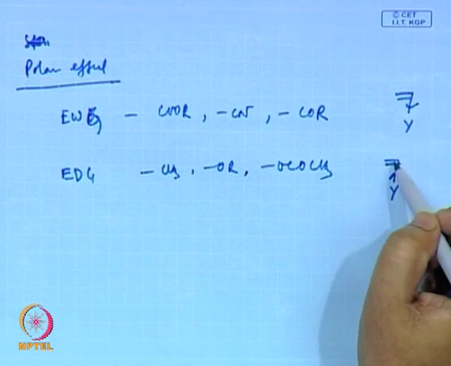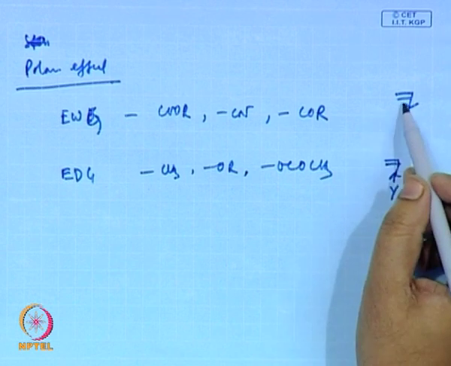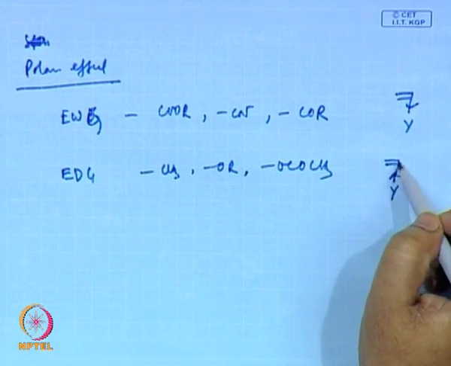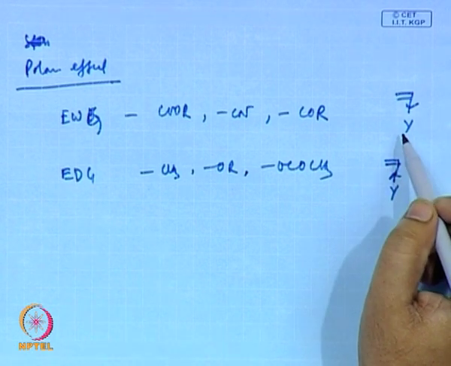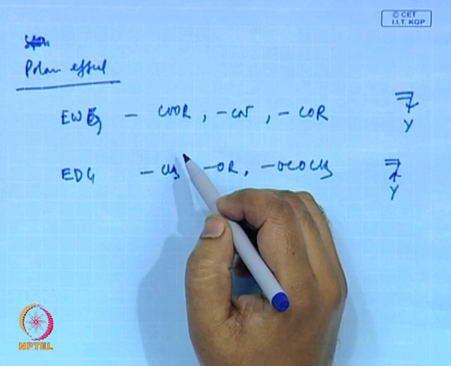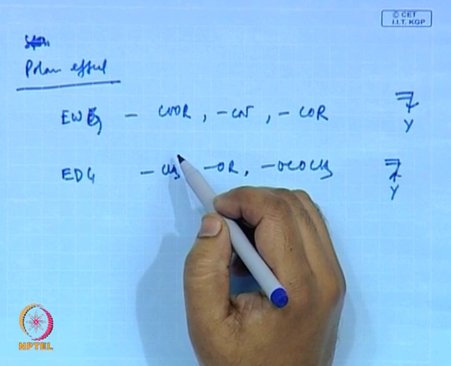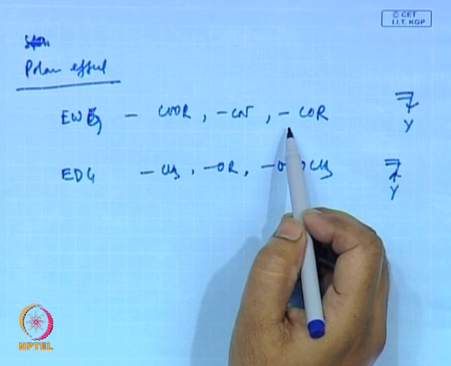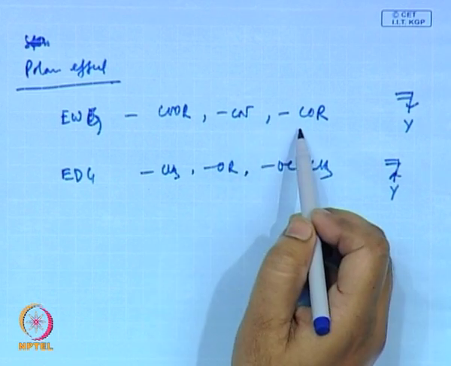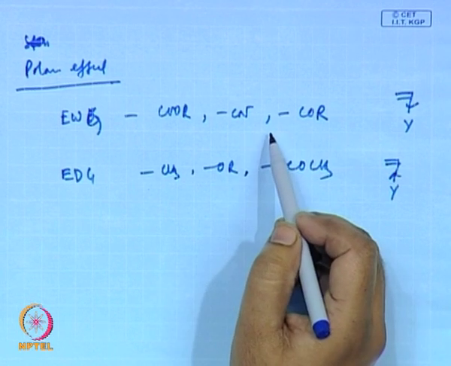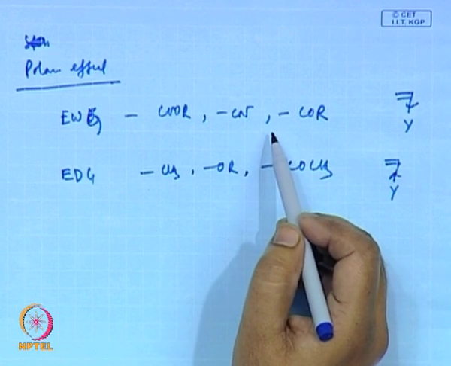So, if you have monomers which are very different in the polarity of the double bond, then they will tend to form alternating copolymers, and if you have similar polarity, then they will tend to form an ideal copolymerization.